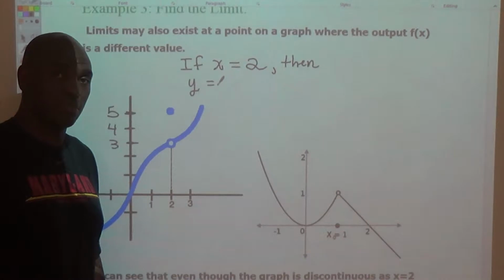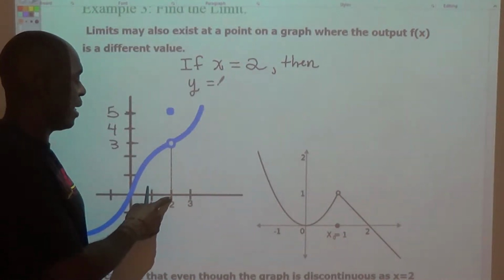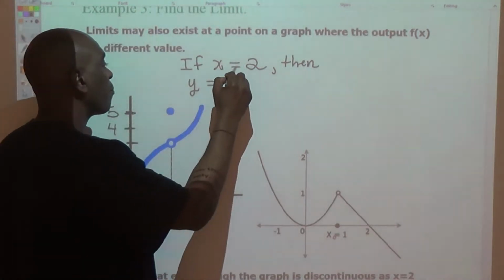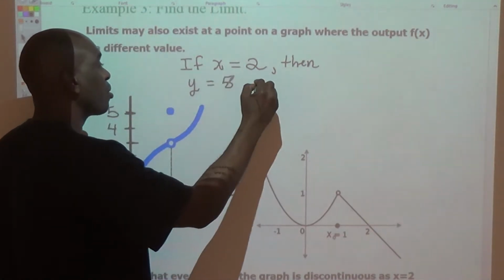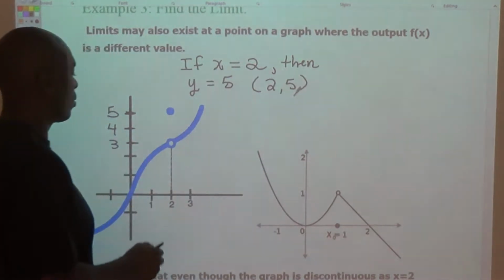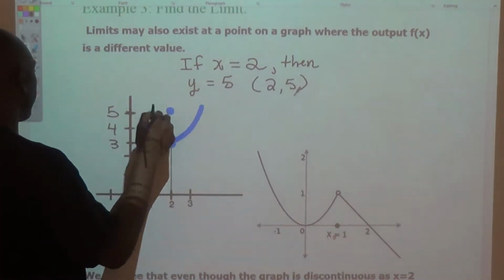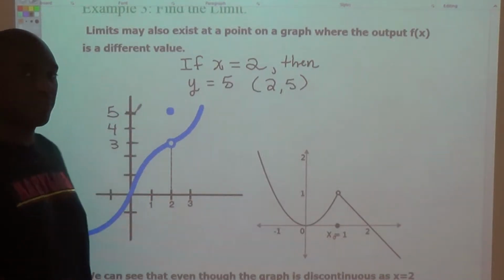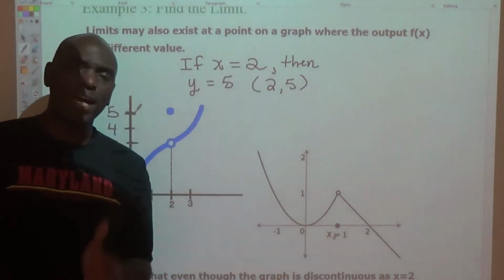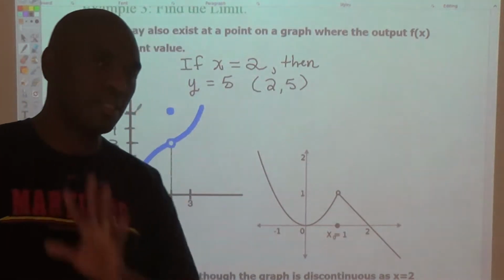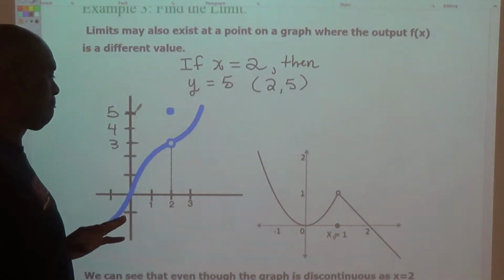What do you think? When x is 2, y is 5. So we have the coordinate point (2, 5). That's our coordinate point, (2, 5). However, that is not the limit. Okay?